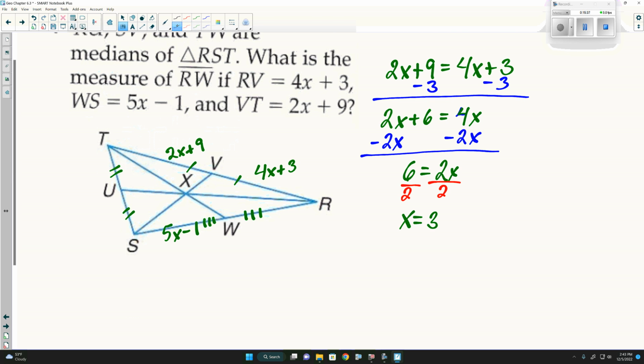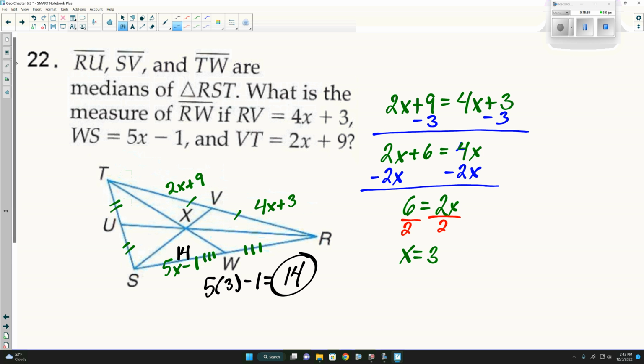Plug it back in to 5 times 3 minus 1 is 14. So the length of WS is 14, which, again, we were wanting to find what is RW.